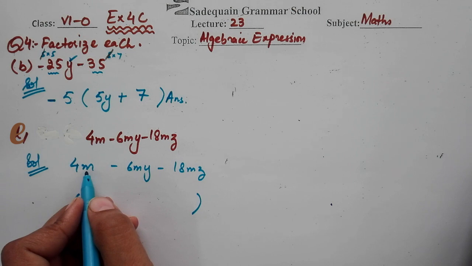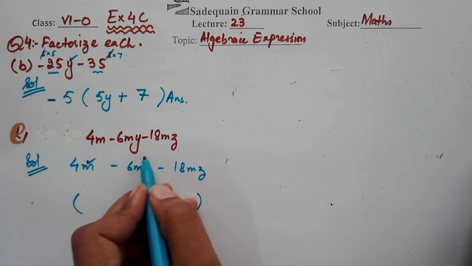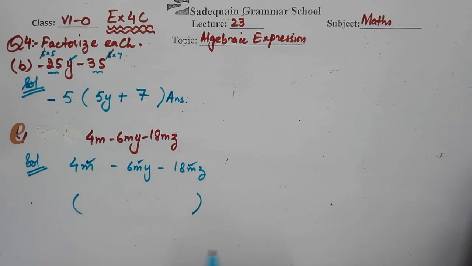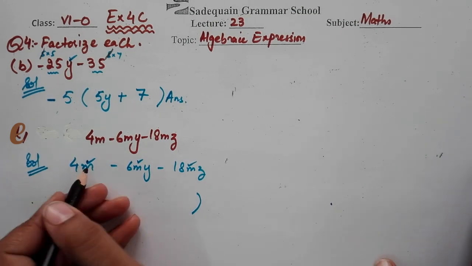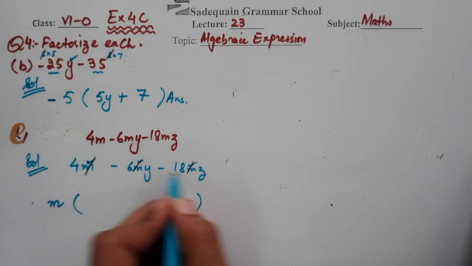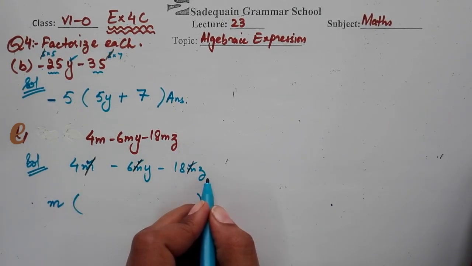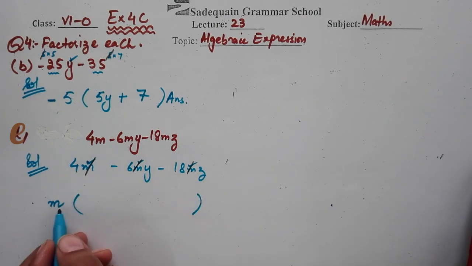We see that m is present in every term of the expression. Yes, m is here, and in the second term and third term. So we can take m as a common, and once we take it out, it will be cut. Now here y and z are different variables, and they are not present in all three terms, so we cannot take them as a common.